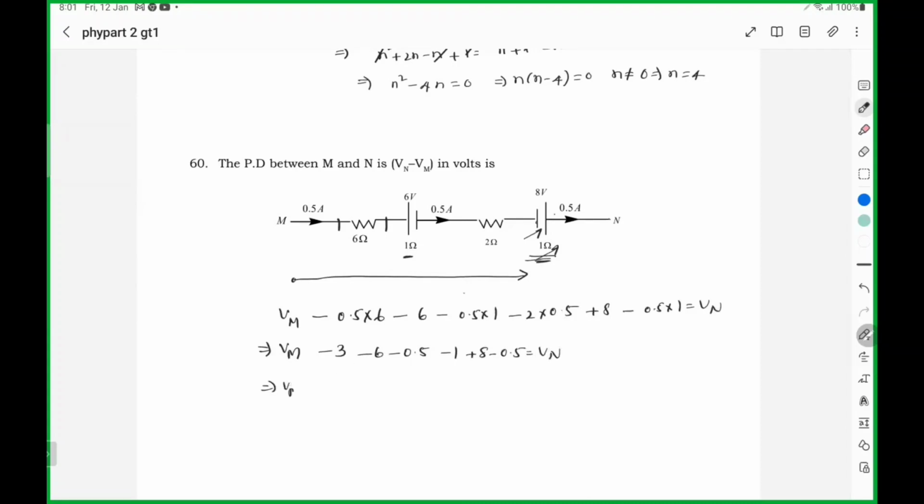So Vm minus 2 minus 10 plus 8 minus 0.5, it is minus 1. So Vm minus Vn is 3. In the question it is asking for Vn minus Vm, which is minus 3.